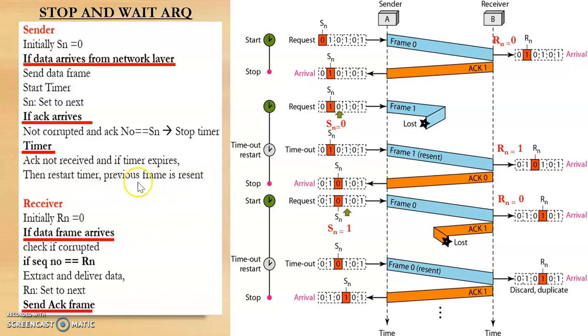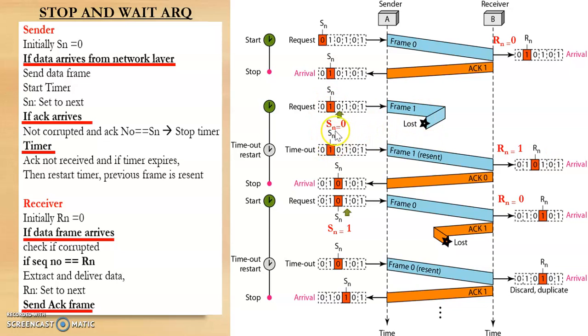That is, the frame for which acknowledgement was not received will be resent. After sending frame 1, Sn was set to 0, but an acknowledgement was not received for frame 1. As a result, the Sn minus 1 frame will be sent again, that is, the frame with sequence number 1.